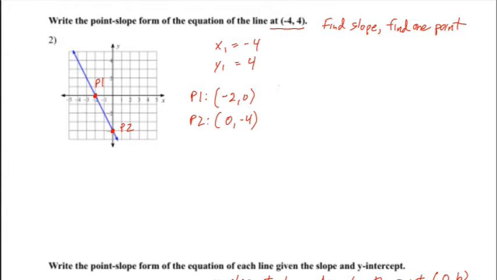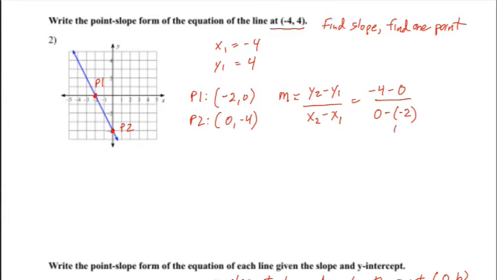I'm going to use my slope equation. And I'm just going to plug in values here. So y2 is minus 4, y1 is 0, and that is over x2 is 0 minus minus 2.